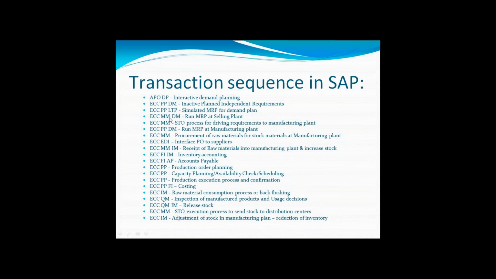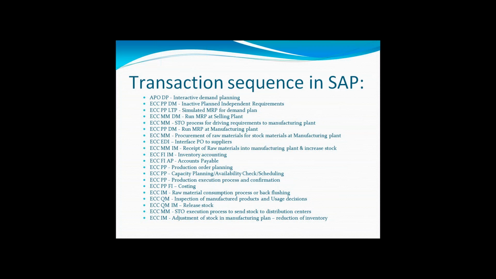The reason why we have PP-MM integration here is because when you run MRP at your selling plant, you are basically creating proposals to buy your finished products from your manufacturing plant, right? Keep in mind they both could be in the same company code or two different company codes, but the same organization.